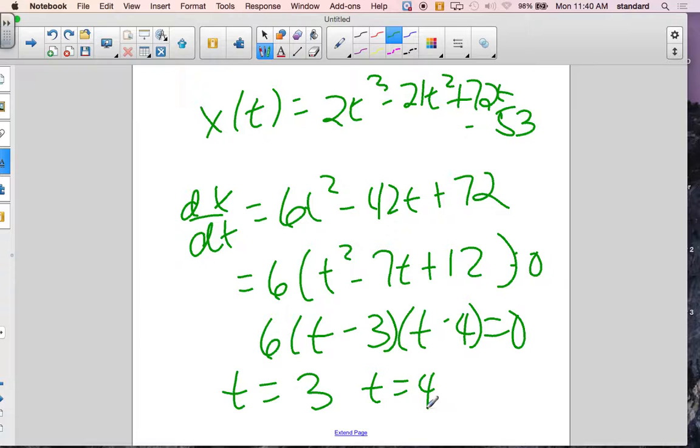So let's say I had a y component too, and it was at rest at t equals 3 and t equals 1. You only take t equals 3. And if nothing matches, the thing's never at rest. But I've never seen them ask you that. That's an interesting problem for acceleration, if there was a y component.